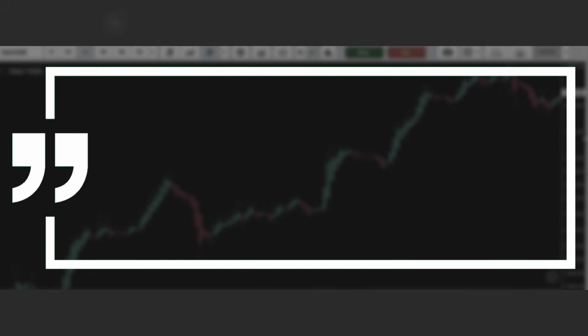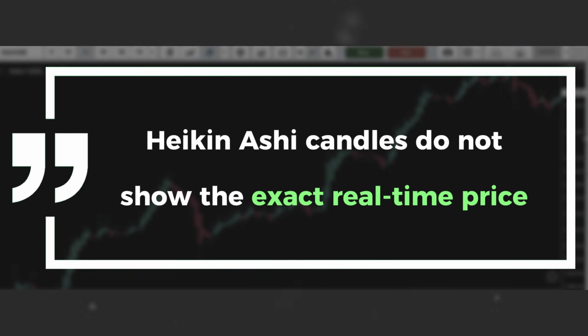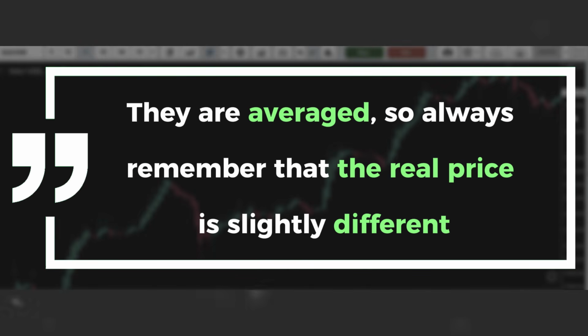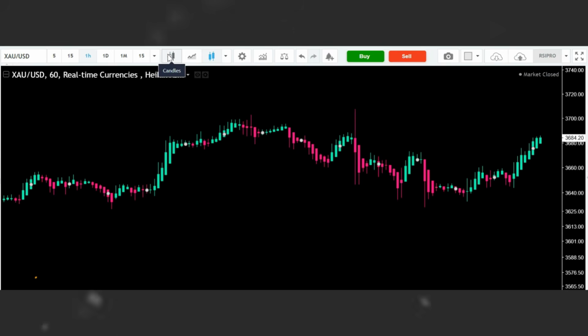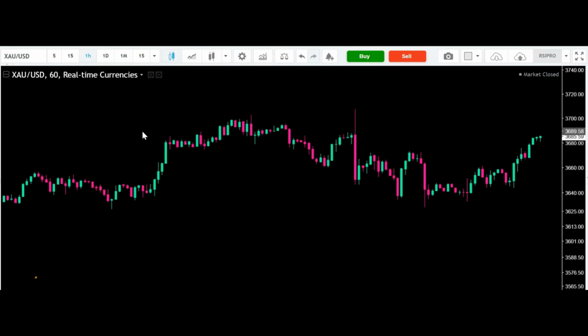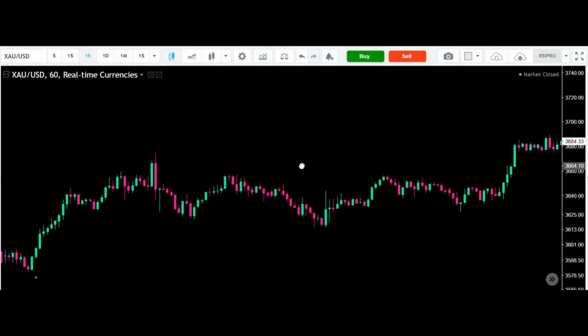One important thing, Heikin Ashi candles don't show the exact real-time price. They are averaged. So always remember that the real price is slightly different. When trading, looking at Heikin Ashi alongside the normal candlestick chart can be very powerful.